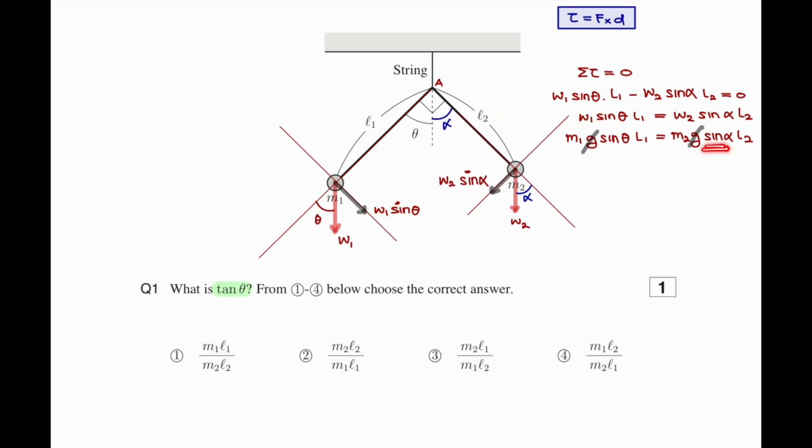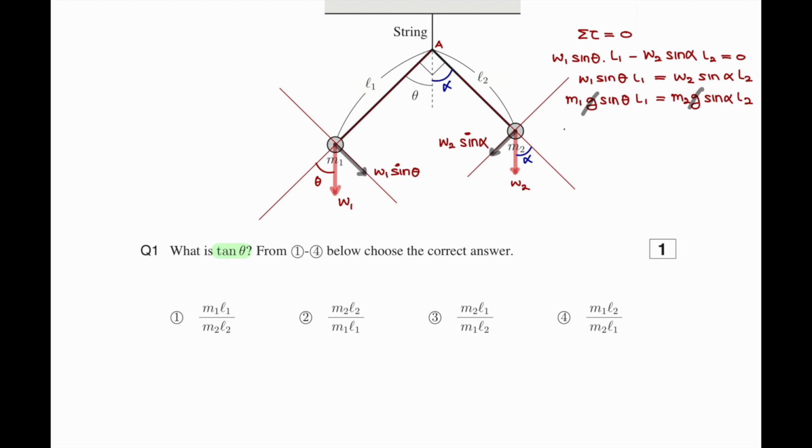What is the relation between alpha and theta? If you see from this diagram, theta plus alpha must equal 90 degrees. So alpha is equal to 90 degrees minus theta.